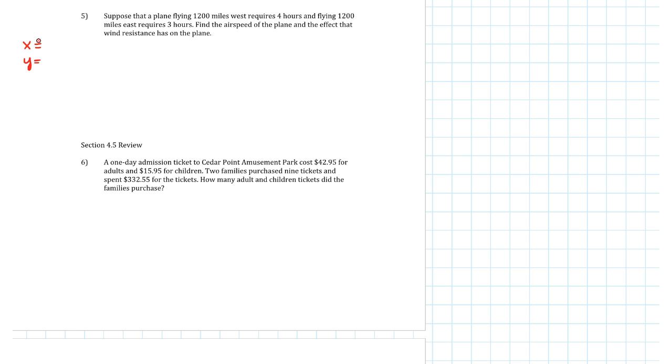And they want you to find the airspeed, or the speed of the plane, and they also want you to find the effect that the wind resistance has on the plane, which is basically the speed of the wind. Okay?